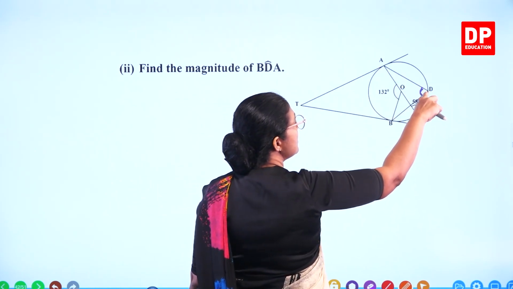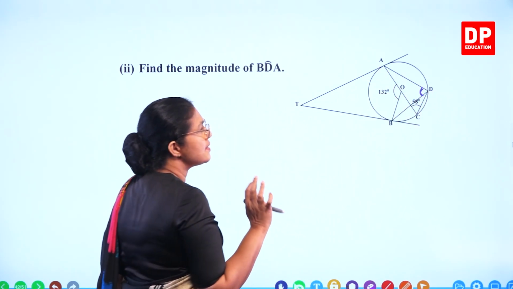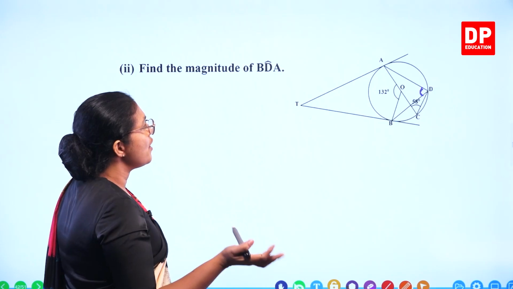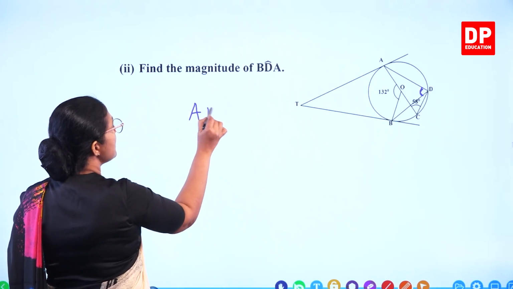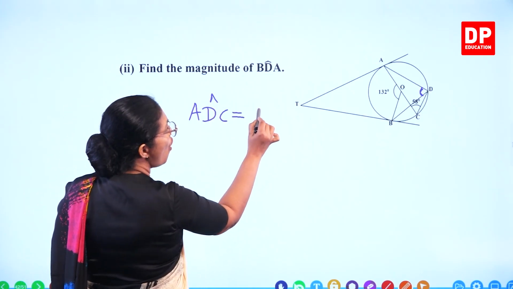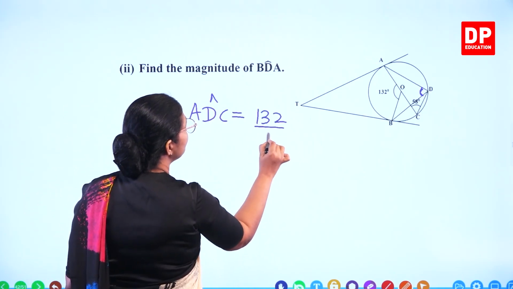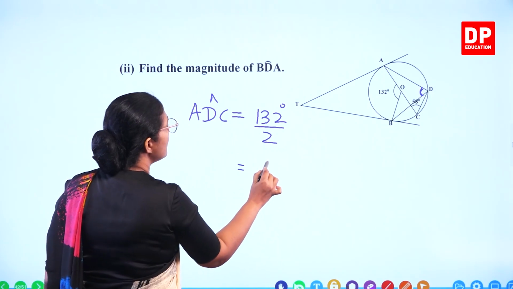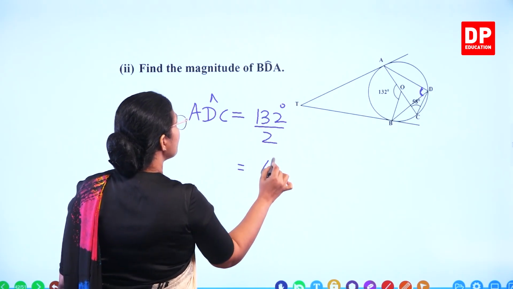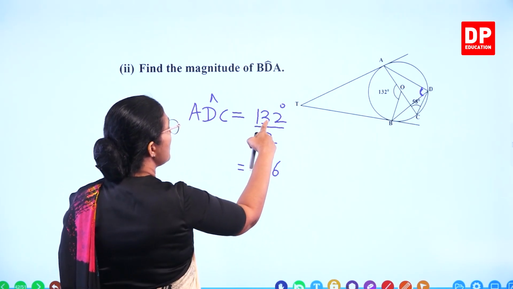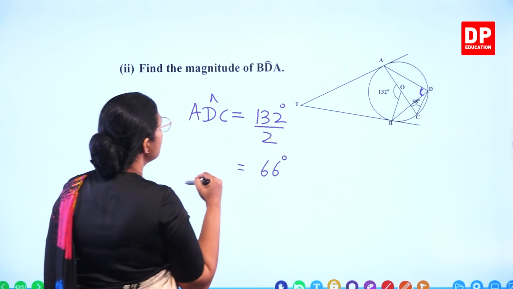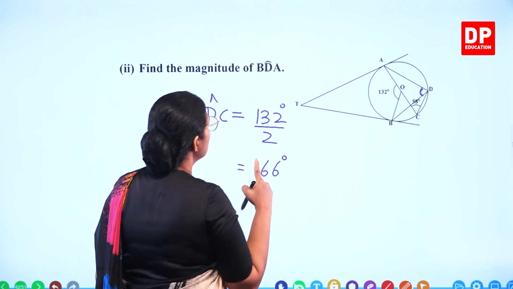This angle is half of the angle subtended at the center. So straight away you can write ADC is equal to half of 132. So what's that? 66 degrees is the answer.